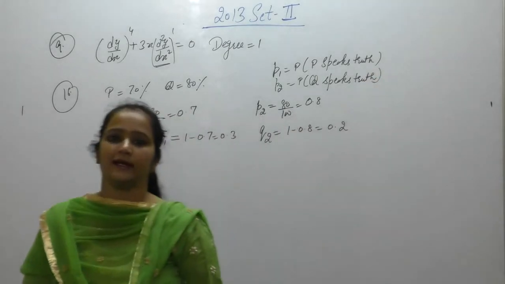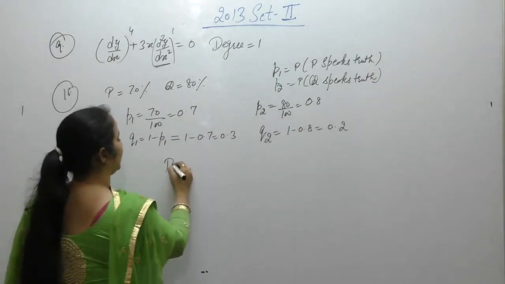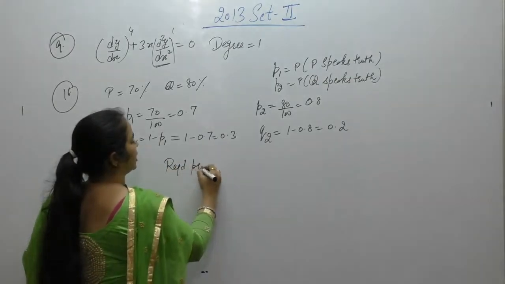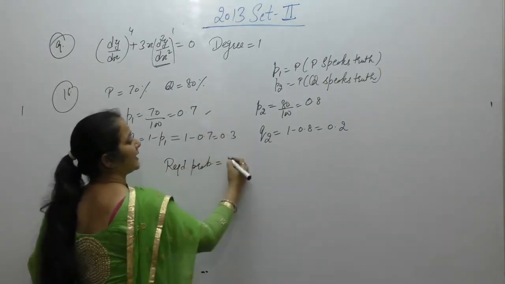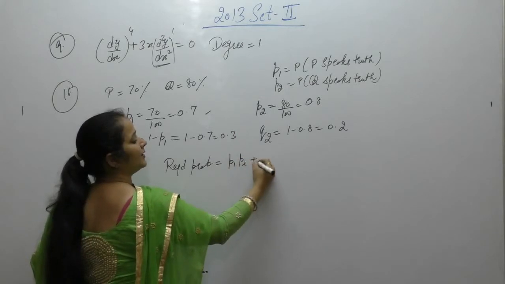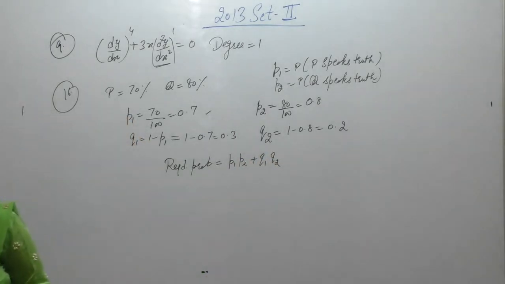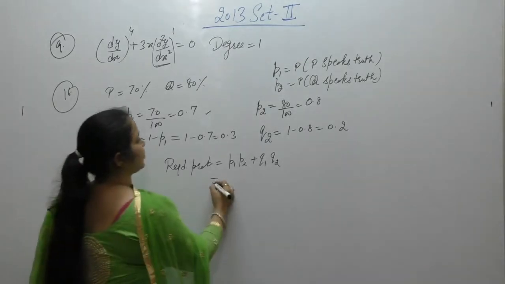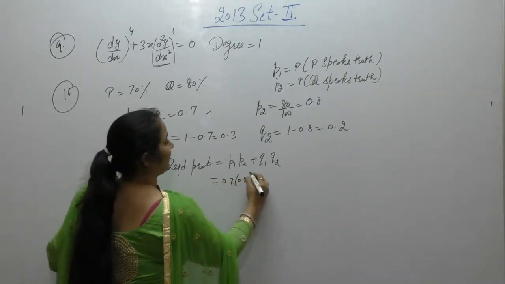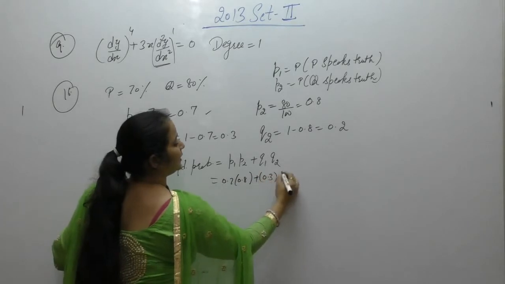Now they are agreeing, therefore the required probability is, when will they agree? Either both spoke the truth or both spoke a lie, then they can agree. Therefore it is 0.7 × 0.8 + 0.3 × 0.2.